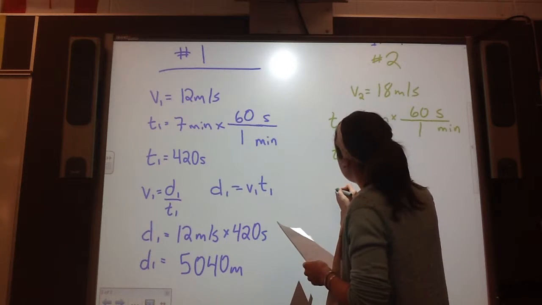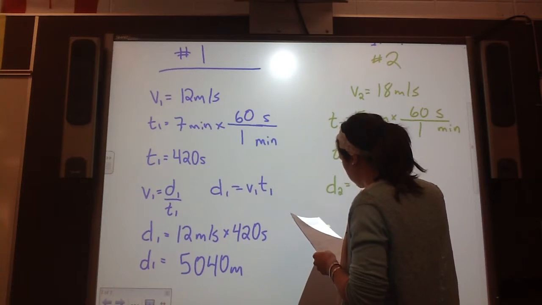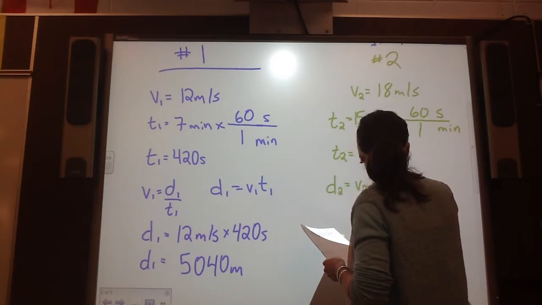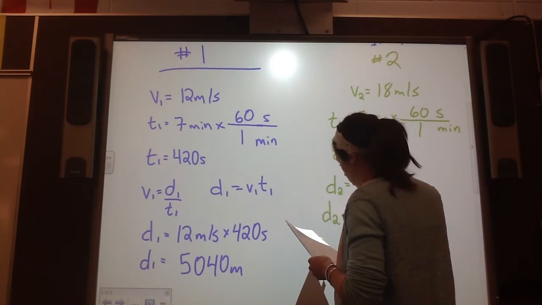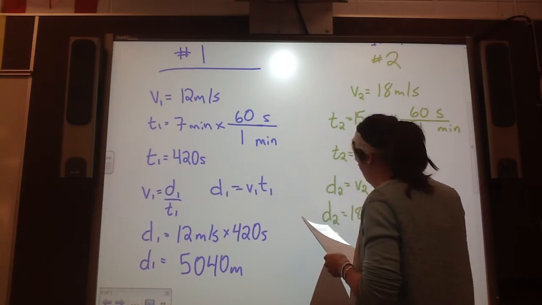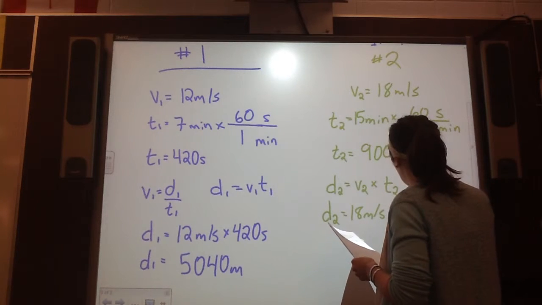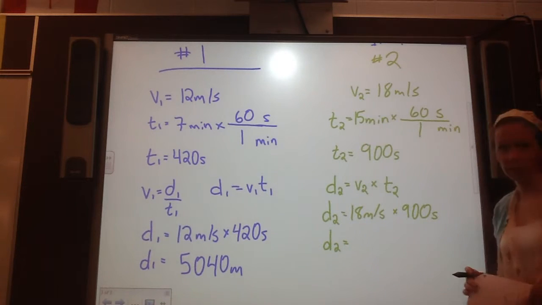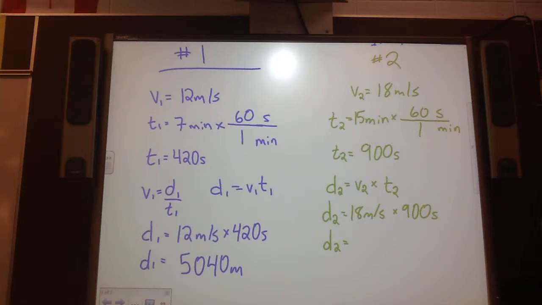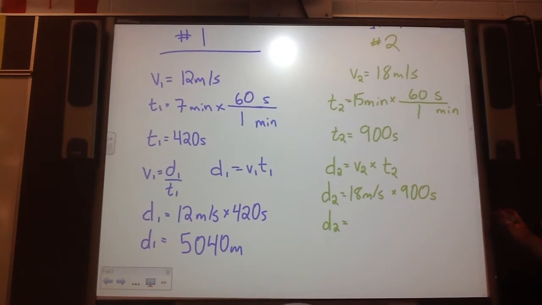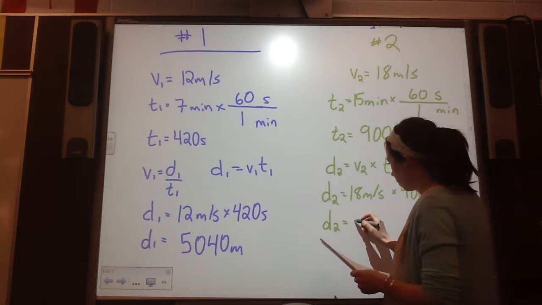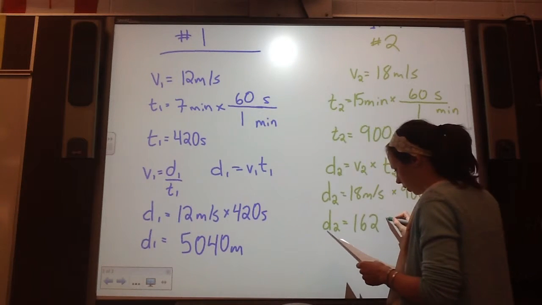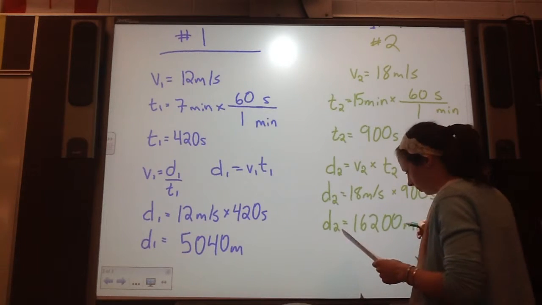So now I can find my D2. D2 is equal to V2 times T2. So 18 meters per second multiplied by 900 seconds is 16,200 meters.